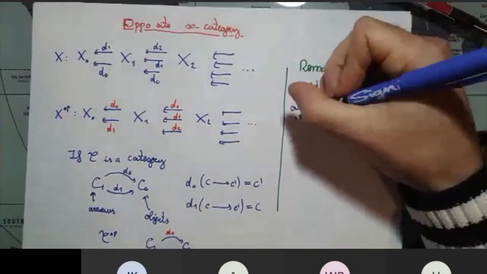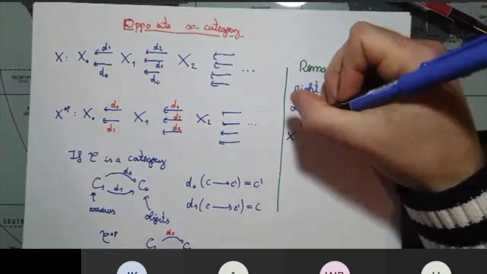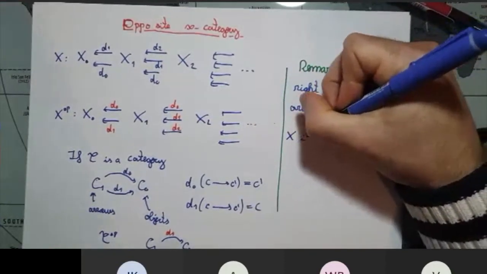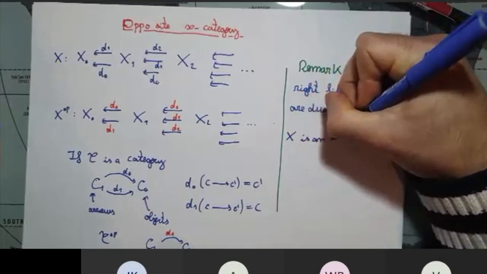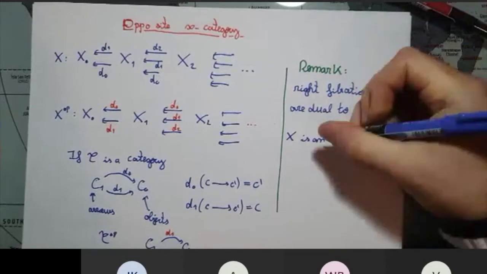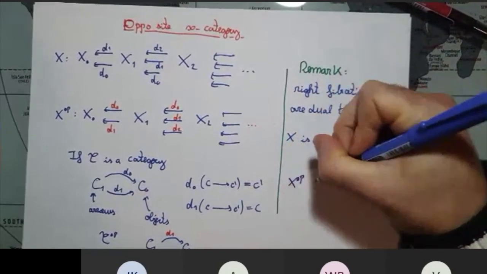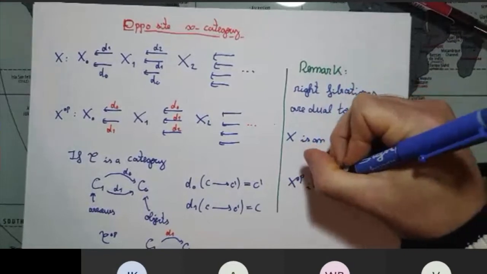And if X is an infinity category, then the opposite is also an infinity category.